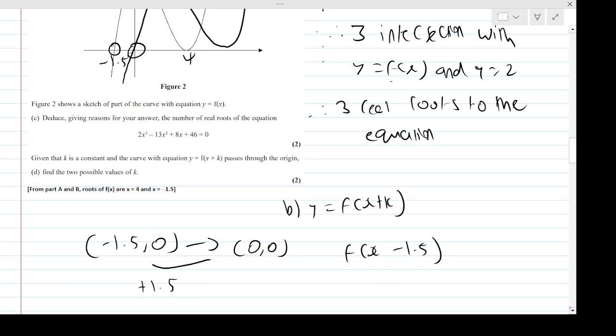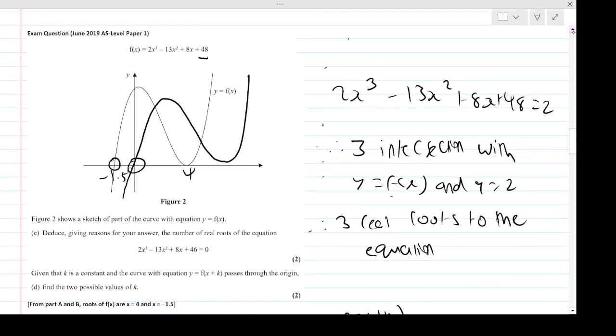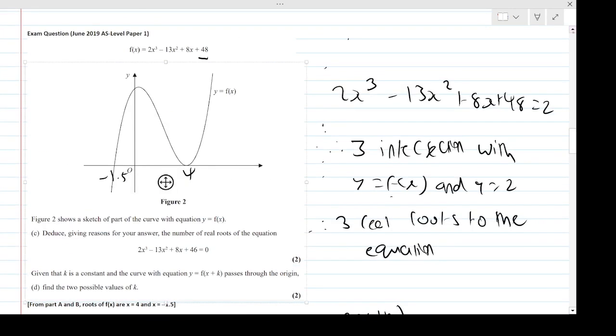Okay, and then the other possible shifting, we could also move the point 4 to 0, the origin. If we do that, the curve will look something a bit like this. Something like that, if we shift it 4 to the left.